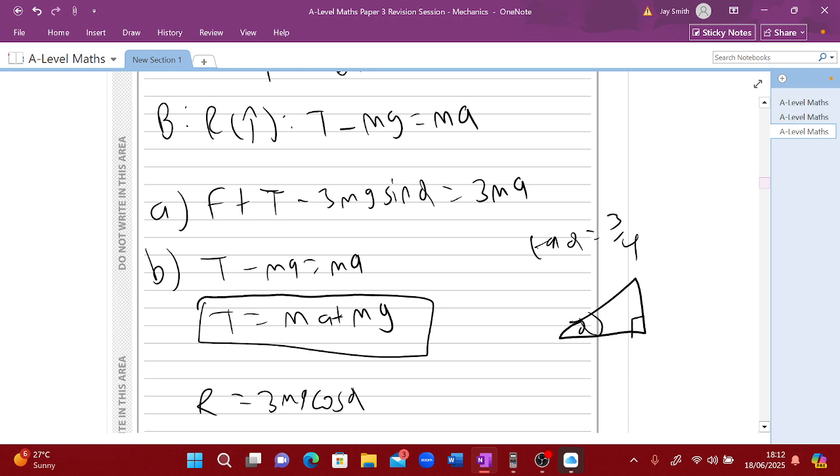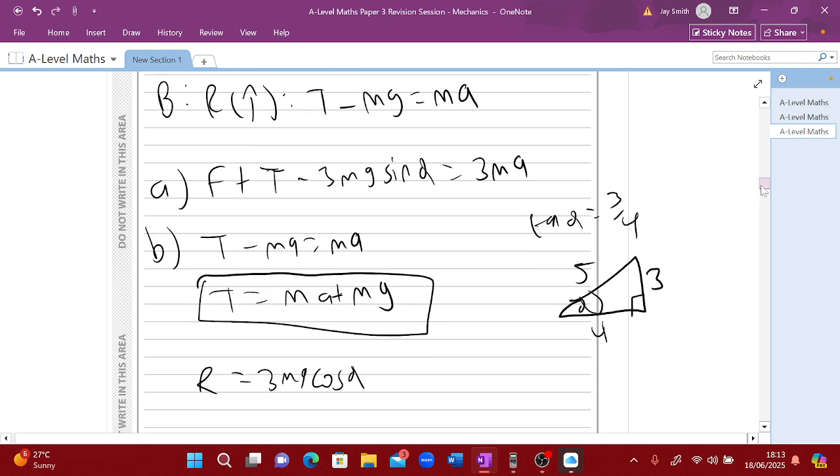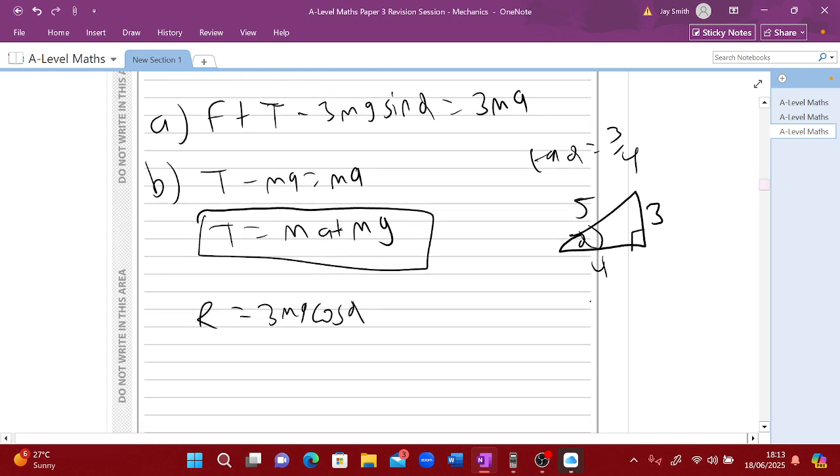Using SOHCAHTOA, TOA, opposite over adjacent, so the opposite is going to be 3 and the adjacent 4. If we then did Pythagoras to work out the hypotenuse, it'd be 5. So square root of 3 squared plus 4 squared gives you 5. Therefore sine alpha is opposite over hypotenuse, so it's going to be 3/5, and cos alpha is going to be 4/5.